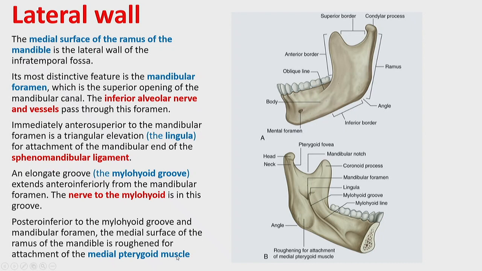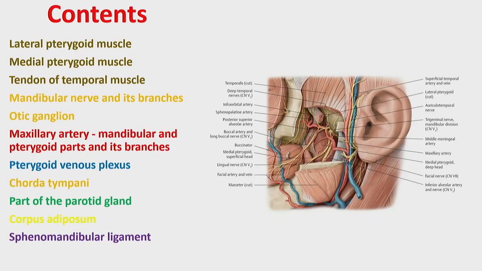All of this information we have already discussed. Then the content of the infratemporal fossa. The biggest content is the lateral and medial pterygoid muscle.